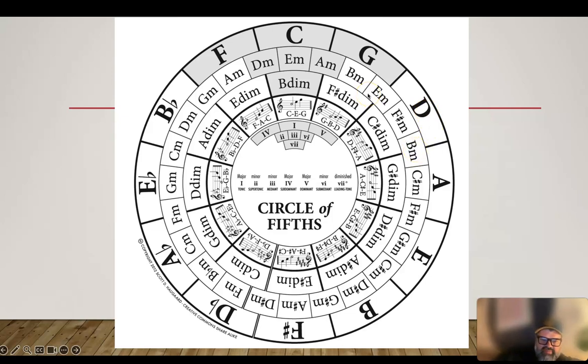There are 2 ways you can remember that. It's either the 6th note of the scale, or you can count back 3 semitones from whatever note you're on, and it will give you the relative minor. So at this stage, you're just looking at the outer circle and then the relative minor of each key.